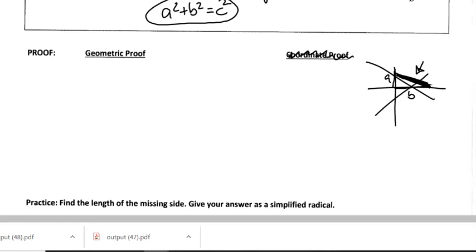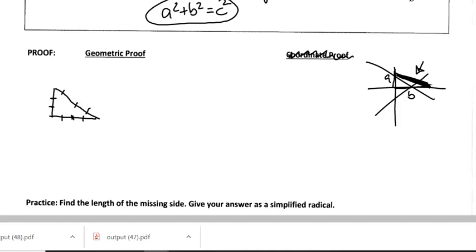What I am going to be doing is showing a geometric proof, but I'm going to do it in two different ways. First off, I'm just going to show you why this is true. Let's say we are looking at a 3, 4, 5 triangle.